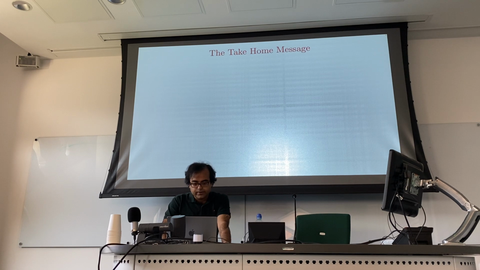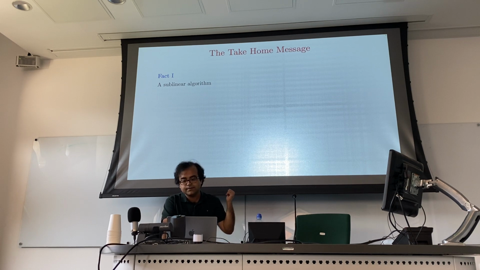And if you want to remember just one slide of take-home message as far as the techniques are concerned, it's this. We are using 3 facts. You just need to know 3 facts. One, that there is a very cool sublinear algorithm for matching, which was already available. And I will explain what it means just in a bit. Two, that there is a very nice vertex sparsification procedure which says we can look at a restricted class of inputs.